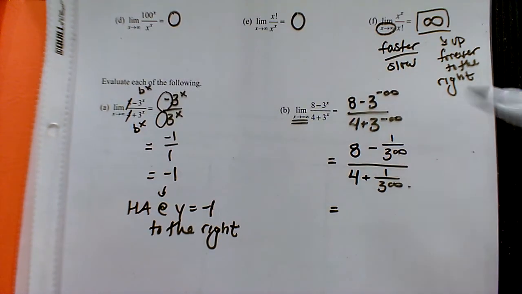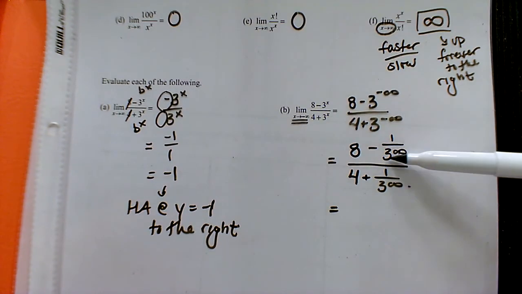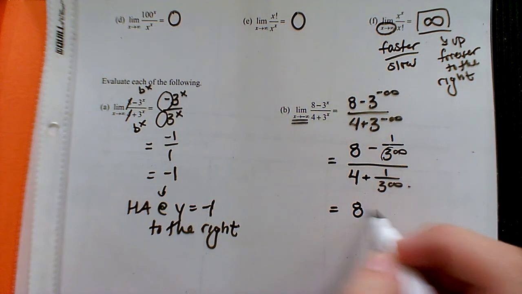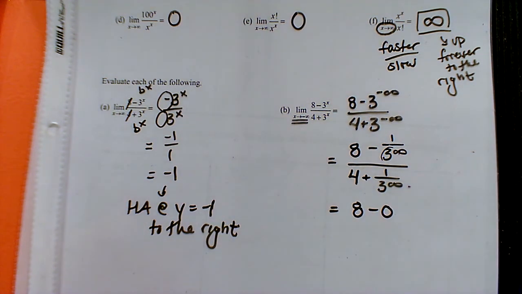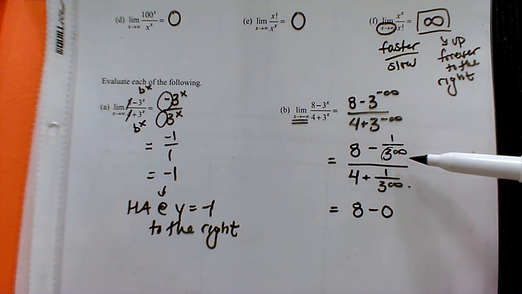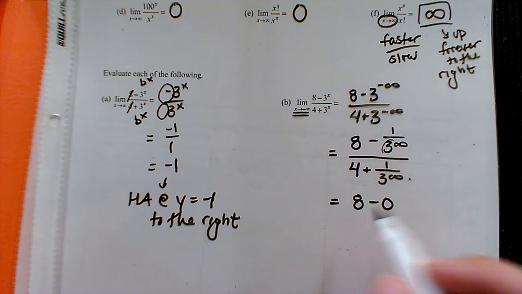So let me ask you this. What is 1 over 3 to the infinity? 1 over something massive. What is that really, really close to? Yeah, nothing, basically. Doesn't that go to 0 in terms of our growth rates? Something small over something huge is always going to be really close to 0.